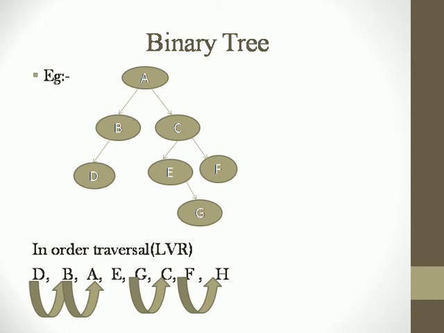The in-order sequence is LVR. When we apply these 3 steps for individual nodes, we get the sequence D, B, A, E, G, C, F and H. H is the header node here. So we have to create a right in-threading here. So we have to search for the nodes which have their right link to be null.